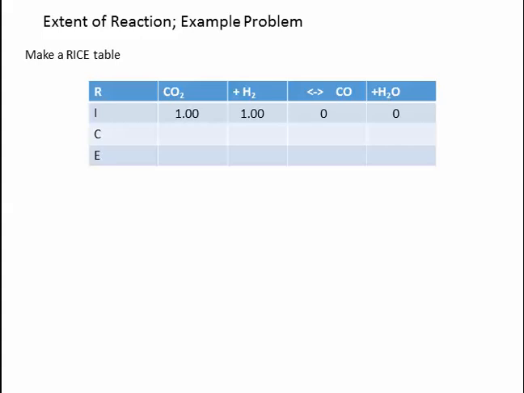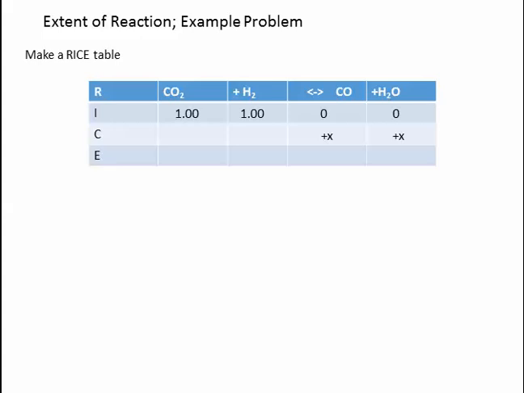So then, how much is this going to change to get to equilibrium? We don't know that, so we make that our X. So we know that water, since it's a product, it's going to increase by X. Carbon monoxide is going to increase by X. And then on the reactant side, because carbon dioxide and hydrogen are reacting, those concentrations are going to go down.